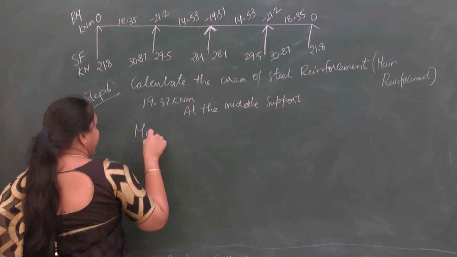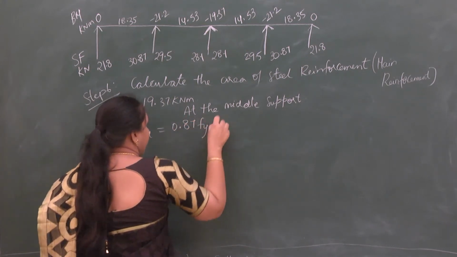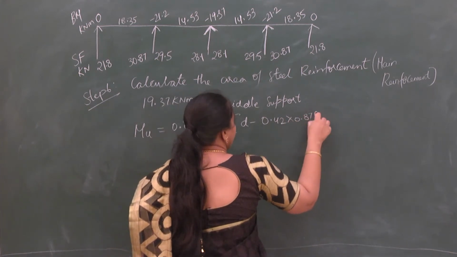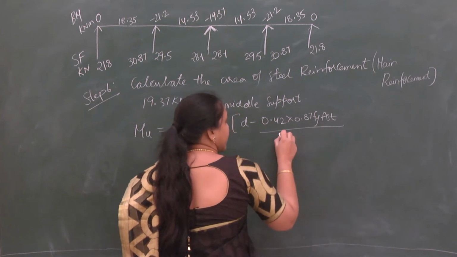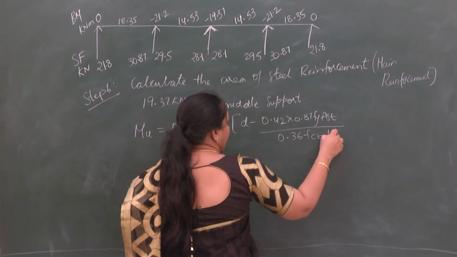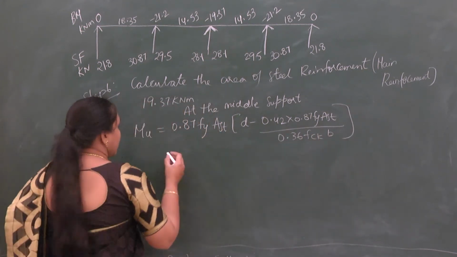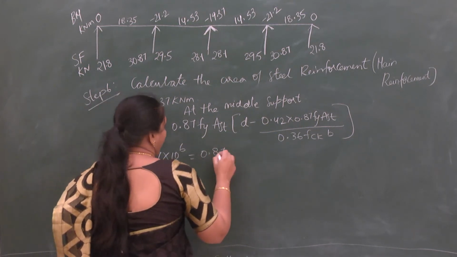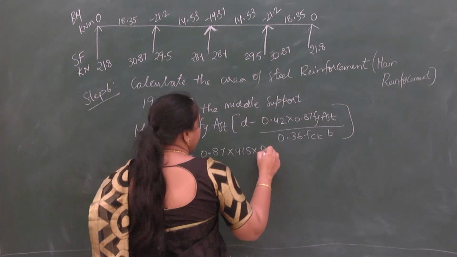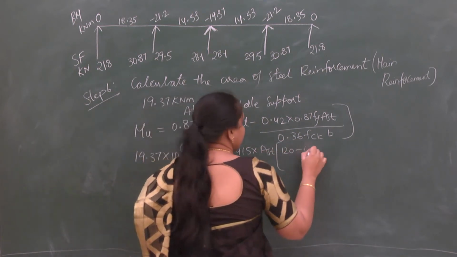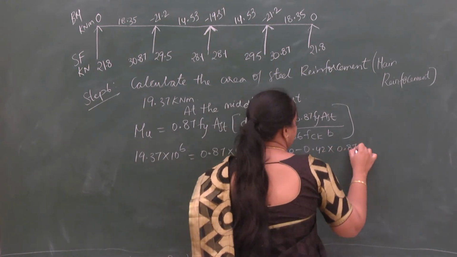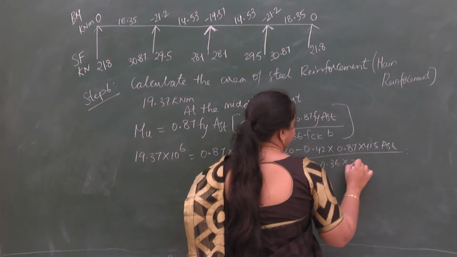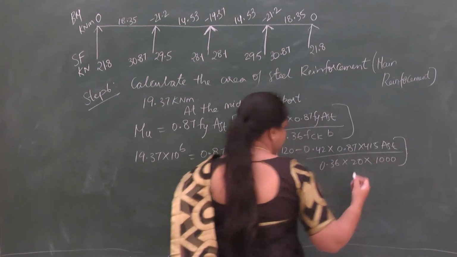We will calculate using the equation MU is equal to 0.87 Fy into AST into D minus 0.42 into 0.87 into Fy into AST divided by 0.36 into FCK into B. So MU is how much? 19.37 into 10 to the power of 6 will be equal to 0.87 into Fy is 415 into AST into D is 120 minus 0.42 into 0.87 into Fy is 415 into AST divided by 0.36 into FCK is 20 into B here is 1000 mm.